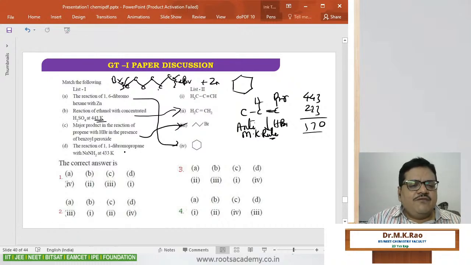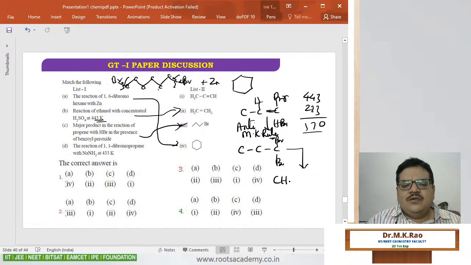Next, reaction of 1,1-dibromopropane with sodamide. First it forms vinyl bromide, which upon reaction with sodamide again forms propyne.